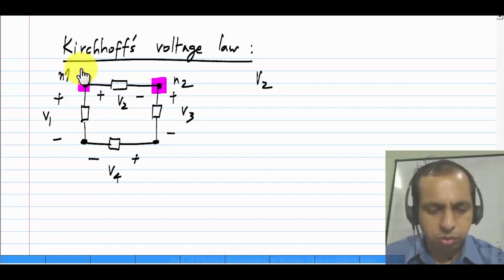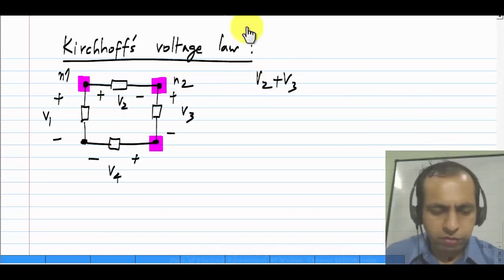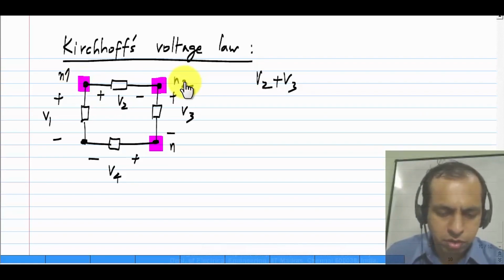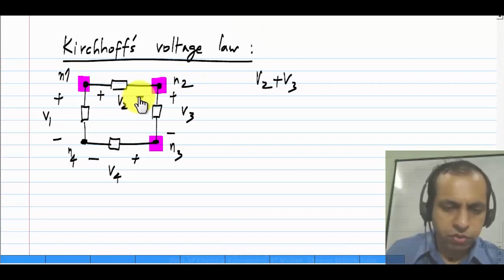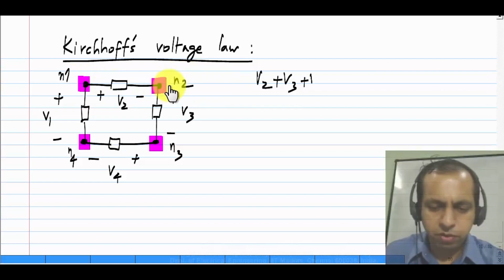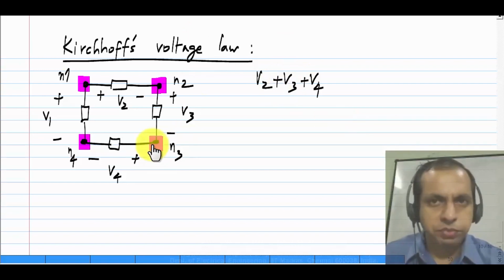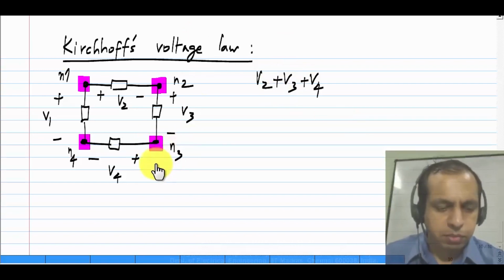Similarly, when you go from N2 to N3, the voltage falls by another V3, and when you go from N3 to N4, the voltage falls by another V4, and finally, when you go from N4 to N1, the voltage falls by minus V1. You can see that N1 is above N4.